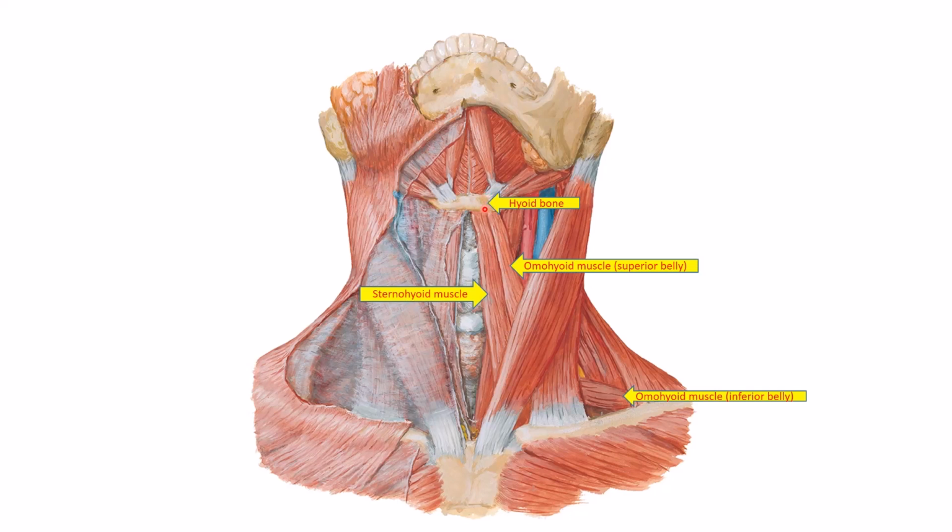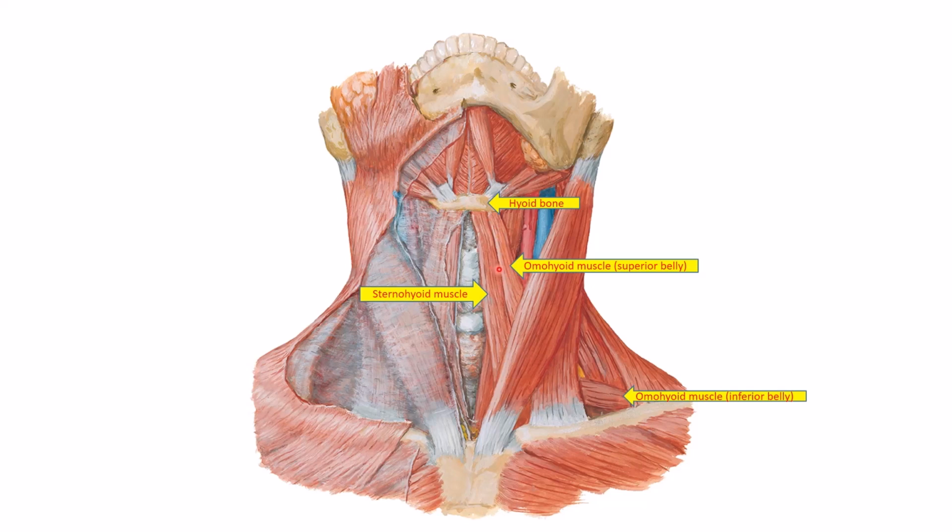Why? They are called infrahyoid muscles because they lie below the hyoid bone. This is the hyoid bone, as you see here, and this is a group of muscles called infrahyoid muscles. They are all long and flat muscles.